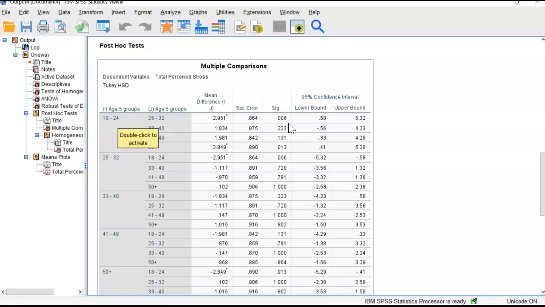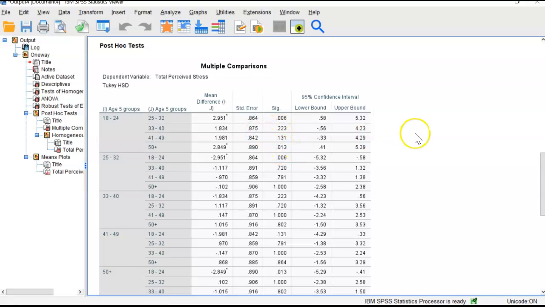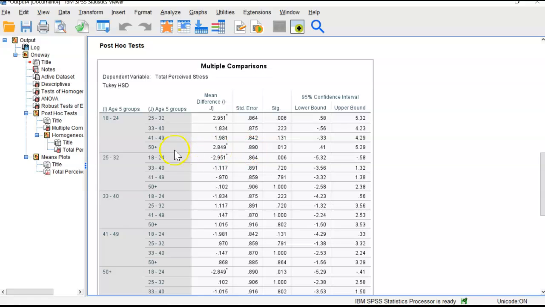And again, it has to be less than 0.05, and the answer is yes, that is true. So there's a significant difference between the youngest group and the group of 25 to 32-year-olds. And there's a significant difference between the youngest group and the 50-plus group, but non-significant differences between the youngest group and the other two, the middle-age groups.